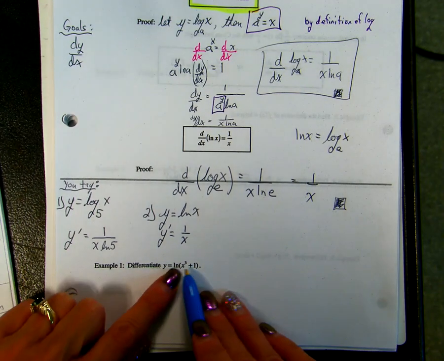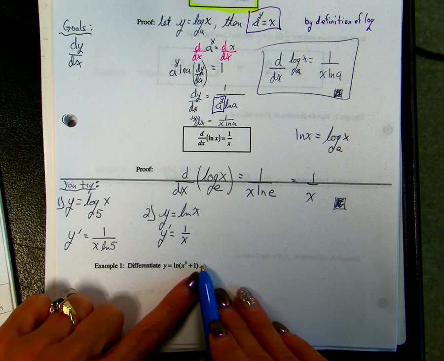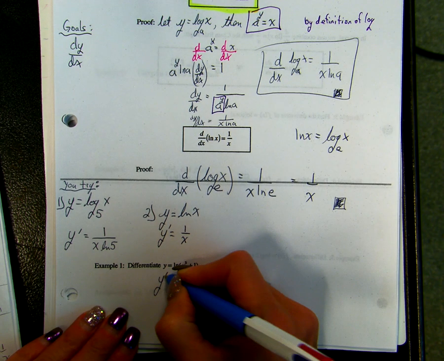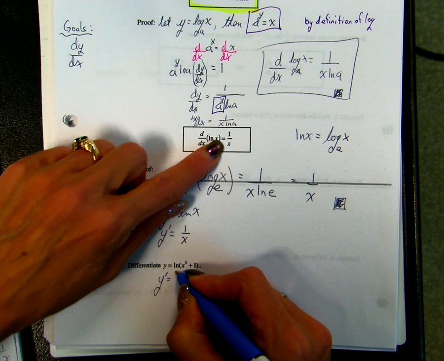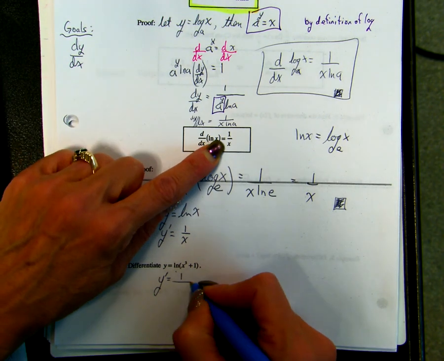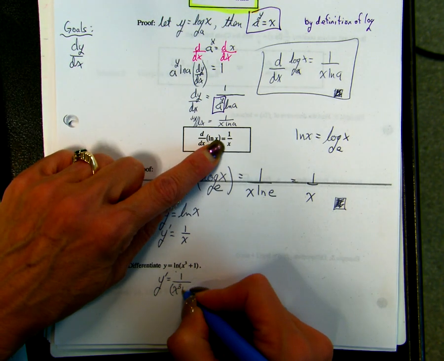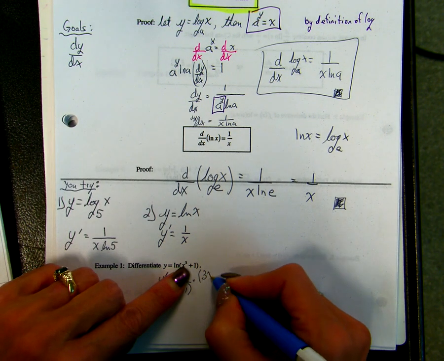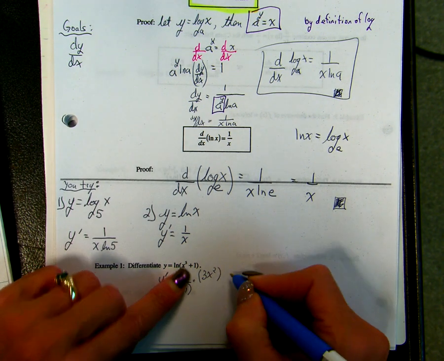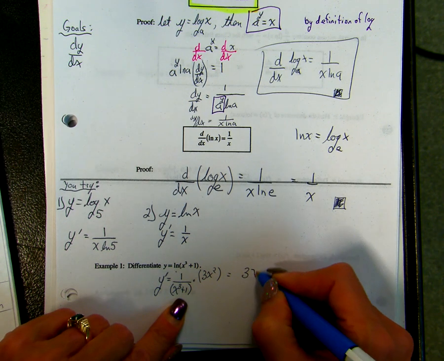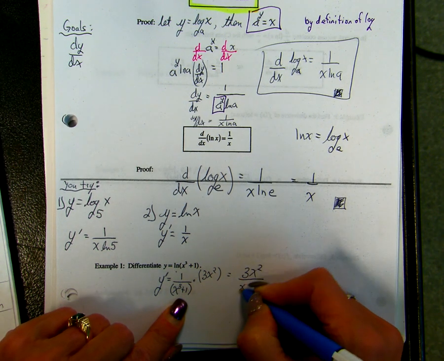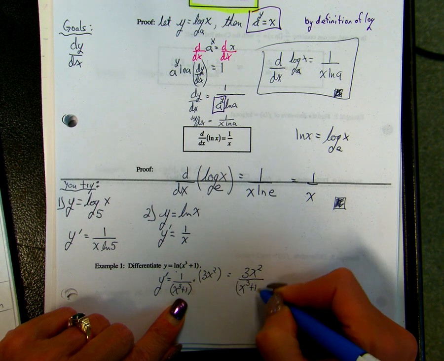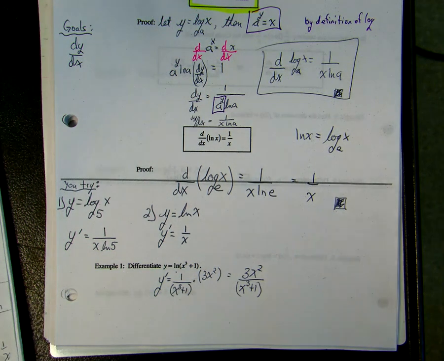Okay, so let's differentiate y equals the ln of x cubed plus 1. So that's y prime. Well, the derivative of ln x is 1 over x, so this is 1 over x cubed plus 1, chain rule, times the derivative of the inside function, 3x squared plus 0, which simplifies just to 3x squared over x cubed plus 1.